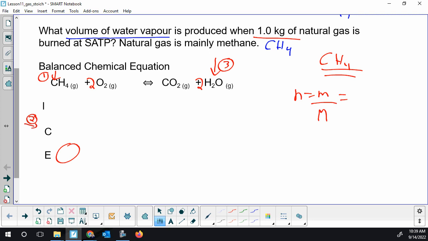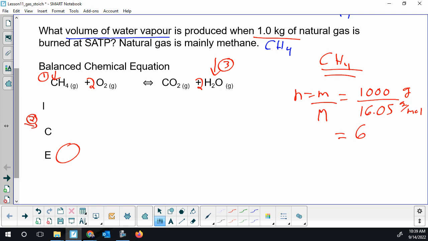So I need grams, not kilograms. Kilo means 1,000. We have 1 kilogram, so you multiply that by 1,000 to get to the base unit. The molar mass for 1 carbon and 4 H's is 16.05 grams per mole.